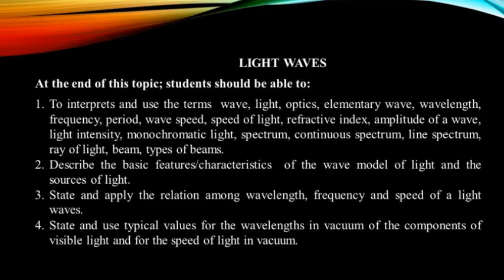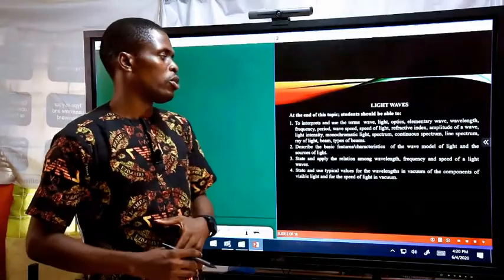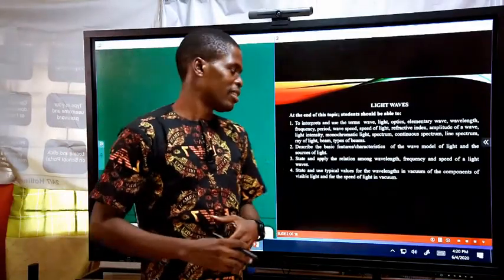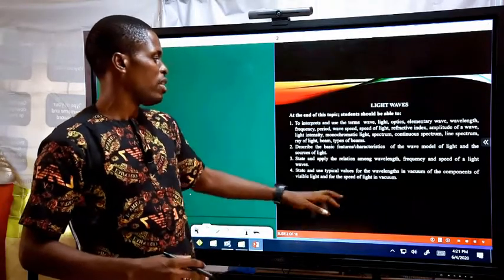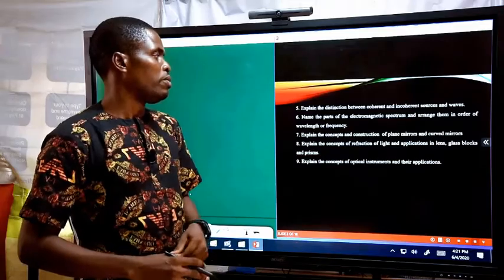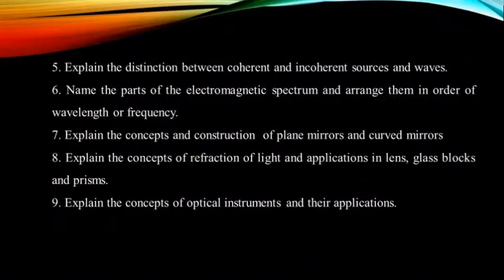We are going to describe the basic features or characteristics of light, and state and apply the relationship between wavelength, frequency, and the speed of light. State and use typical values for the wavelength in a vacuum of light, and so on. We are going to look at the terms coherent and incoherent sources of wave, rectilinear propagation of light.